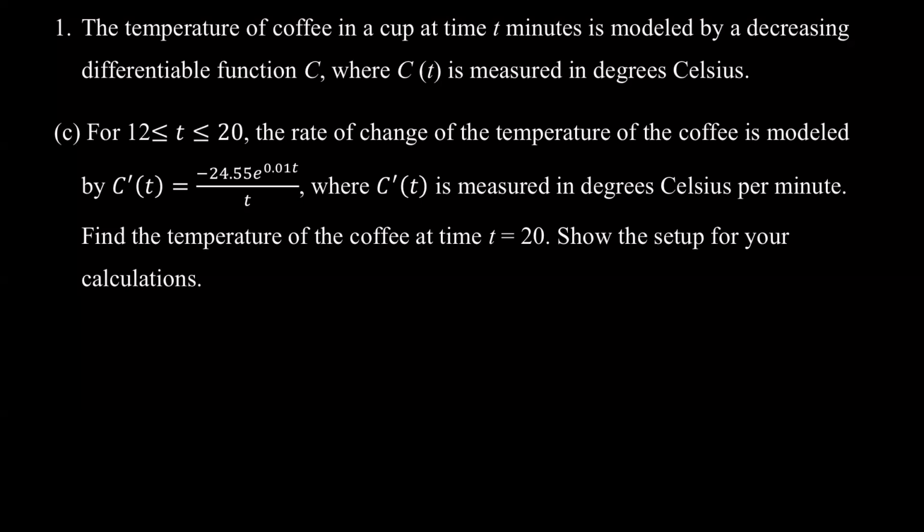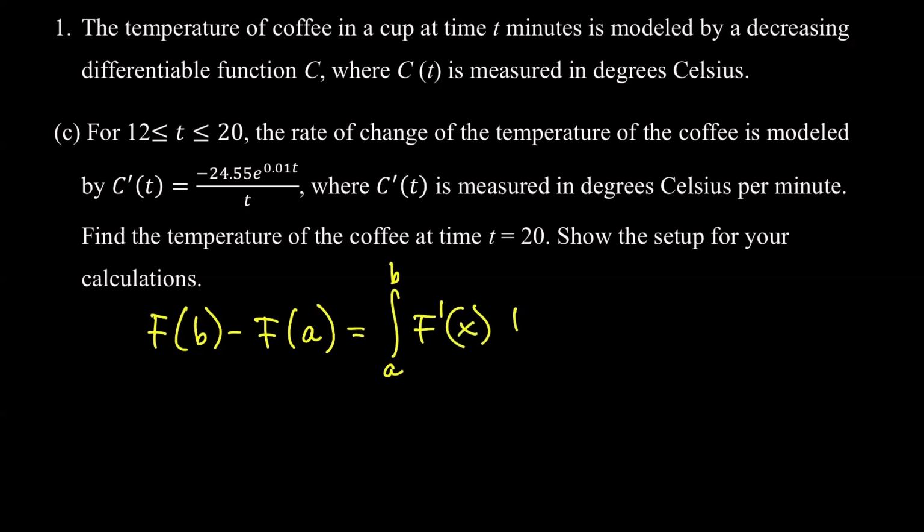To answer this question, we need to recall the fundamental theorem of calculus, which states that f of b minus f of a is equal to the integral from a to b of f prime of x dx.